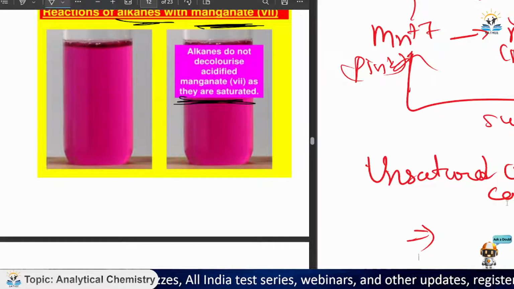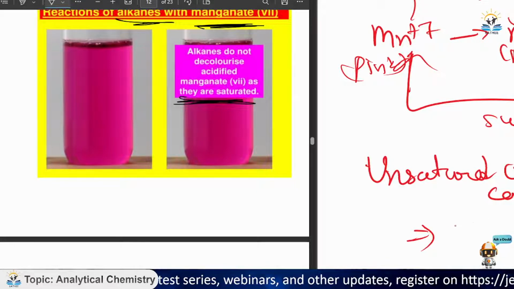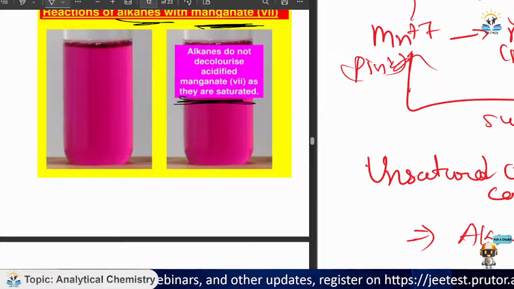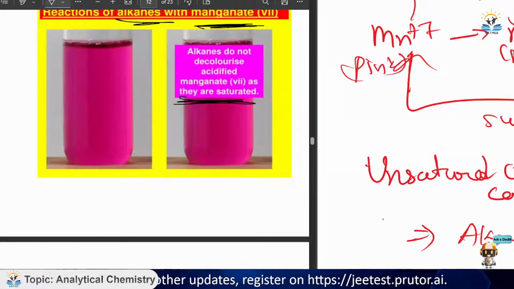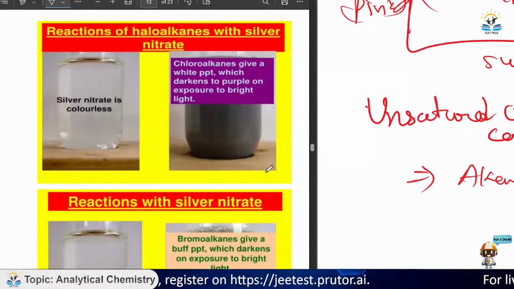If we talk about unsaturated organic compounds, they will contain alkenes and alkynes, and when we talk about saturated hydrocarbons, we talk about alkanes only. Now, reaction of haloalkanes.